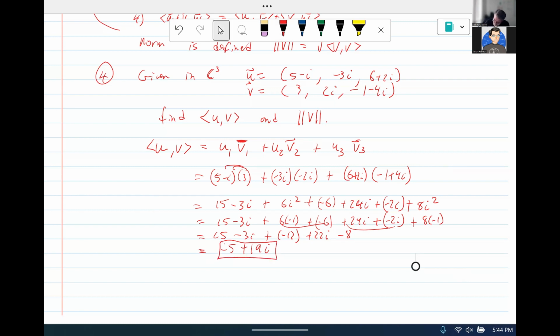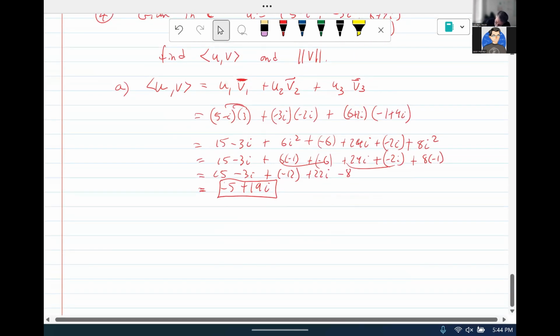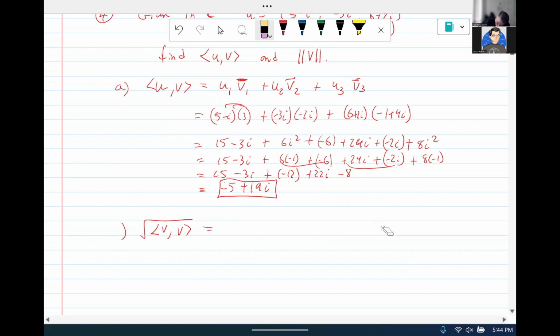Let's call that A. Let's do the magnitude of v. Well, the magnitude of v is just going to be the square root of the inner product of v with v. Maybe I should have put that down. So the magnitude of v is equal to the square root of v1 v conjugate 1 plus v2 v conjugate 2 plus v3 v conjugate 3.